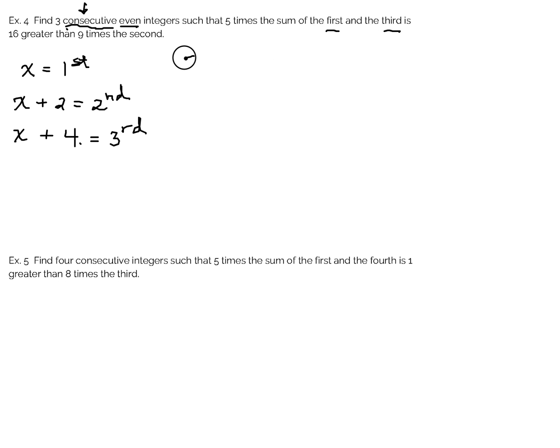The first is just x, and the third is x plus 4. Because I have my heading, it's really easy to go down and put my problem together. Is 16 greater than 9 times the second? And the second is x plus 2.